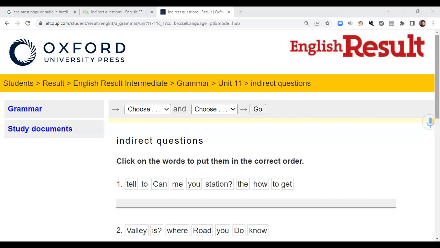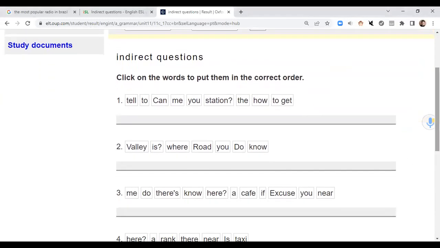Okay, let's work please with this. We're gonna order the words using indirect questions.